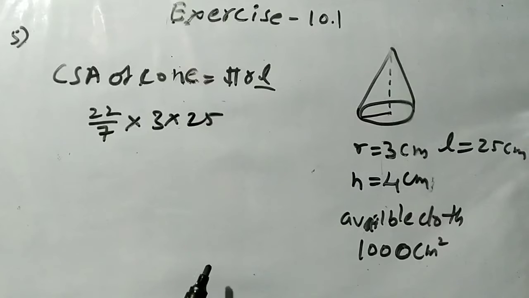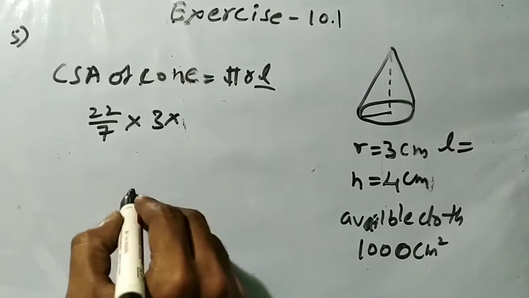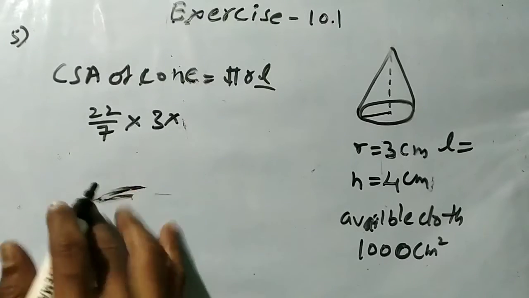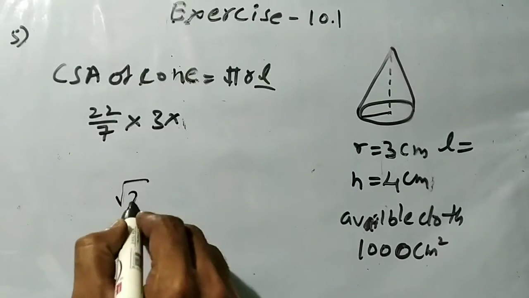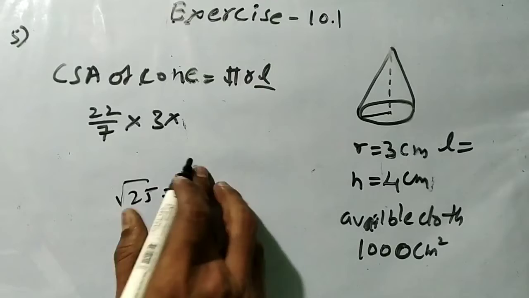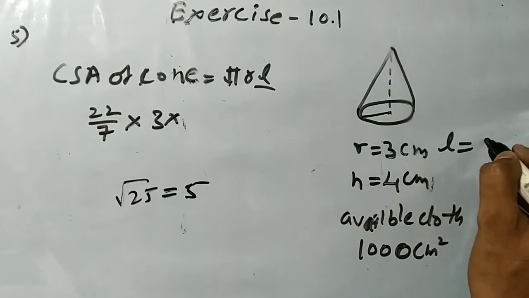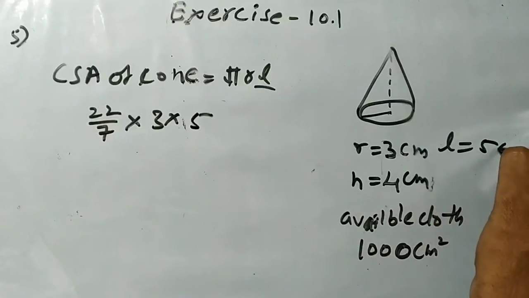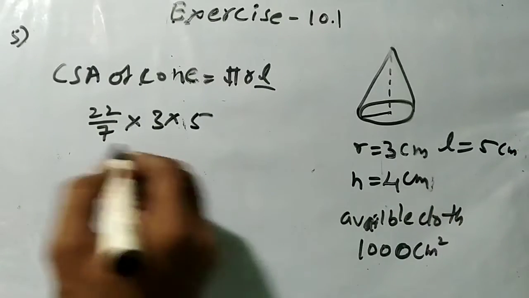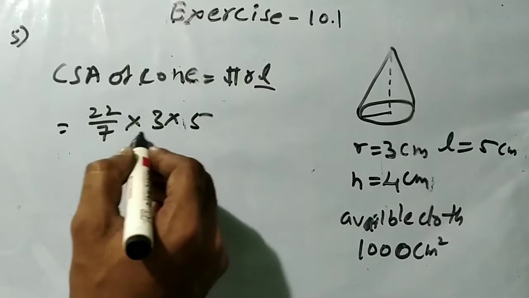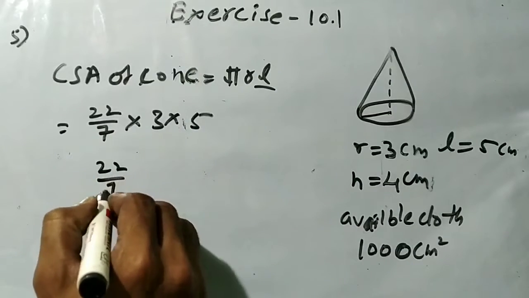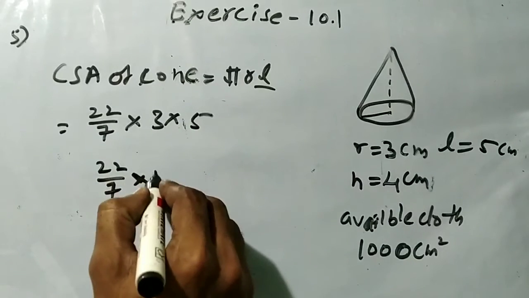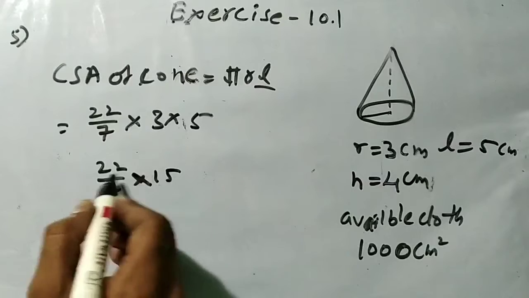We have to multiply all the terms. 22 by 7 into 15. So we have to multiply 22 into 15.